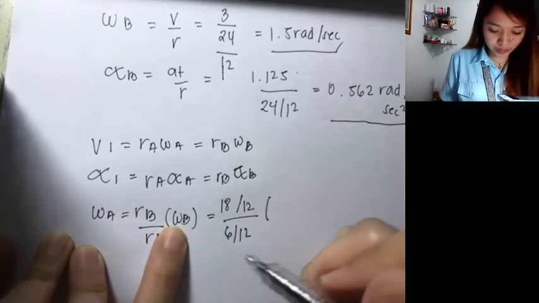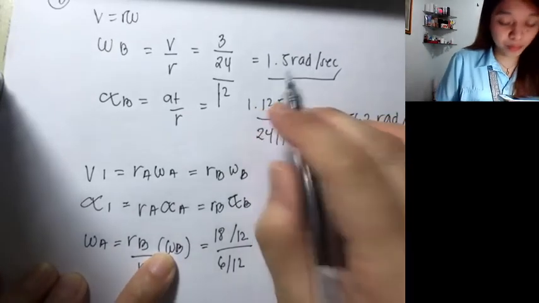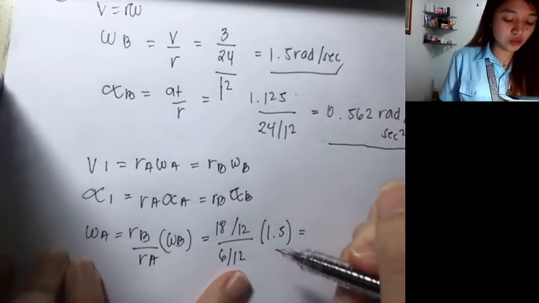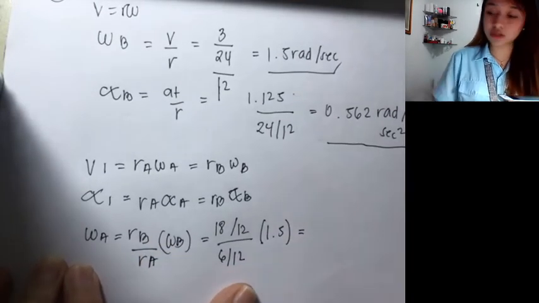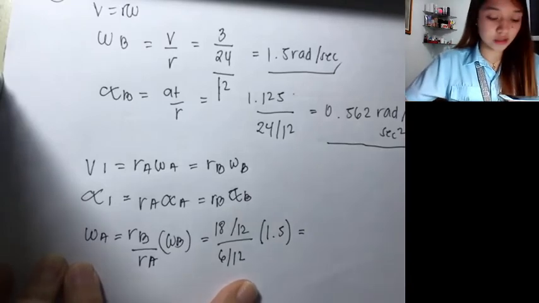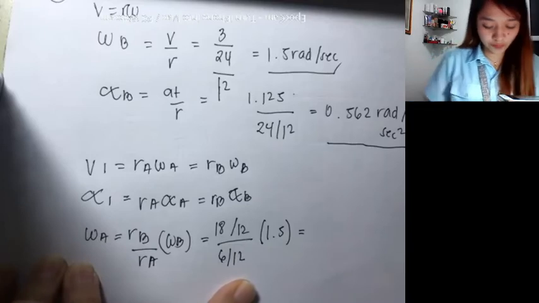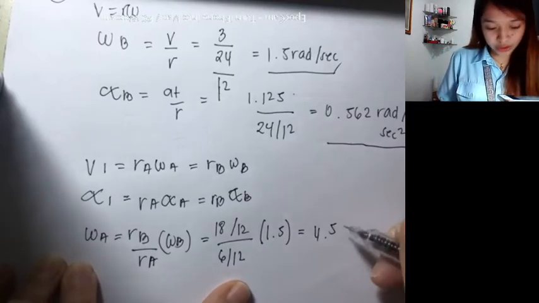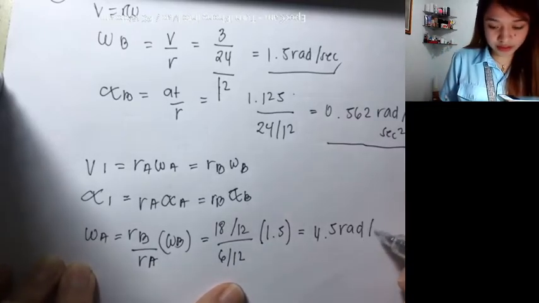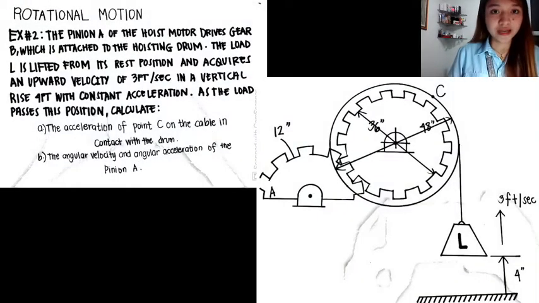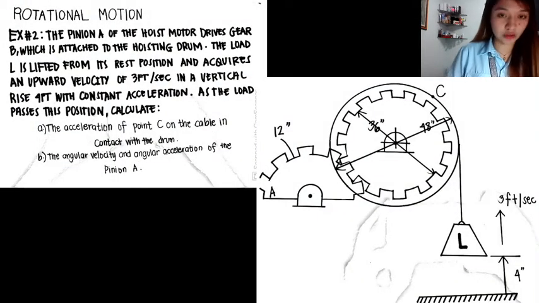Our angular velocity B is 1.5. Simply multiplying this, multiplied by 1.5, we now have 4.5 rad per second. You can see in the figure, it is counterclockwise.